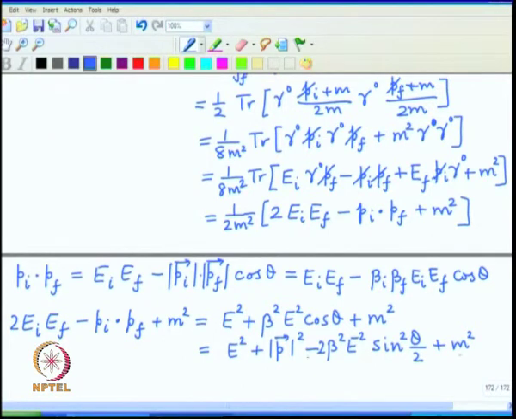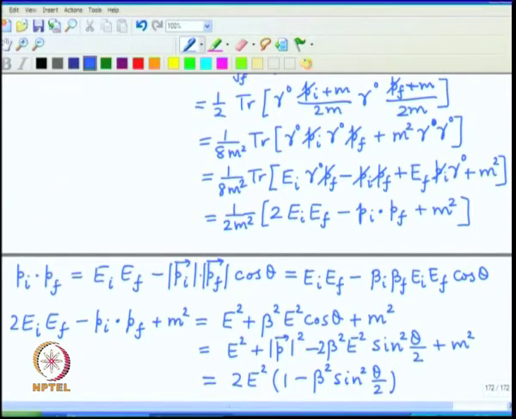So, again p square plus m square becomes E square, which can be taken out. So, there is a 2 E square which comes out as a common factor, and then there is 1 minus beta square sin square theta by 2.